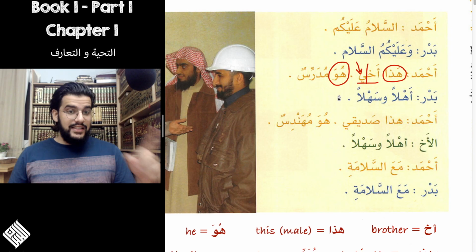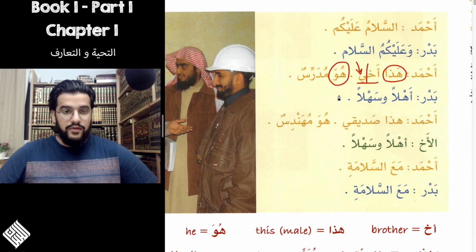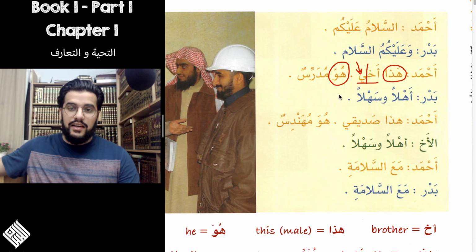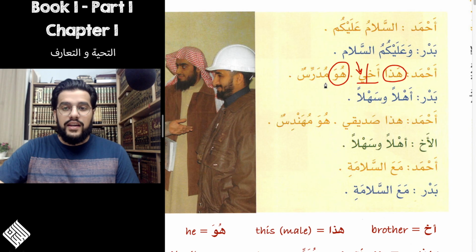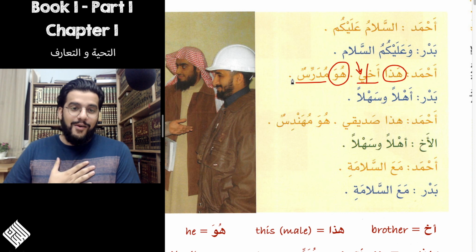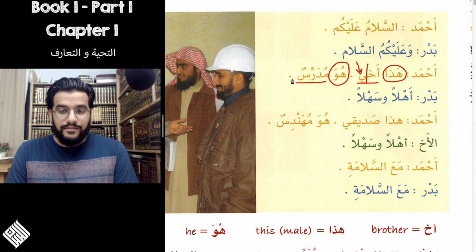We learnt أنتِ, which is also you if you're talking to a female. And today we learn هو, which means he. هو مدرس. What does مدرس mean? مدرس means a teacher. Like right now I'm being مدرس.